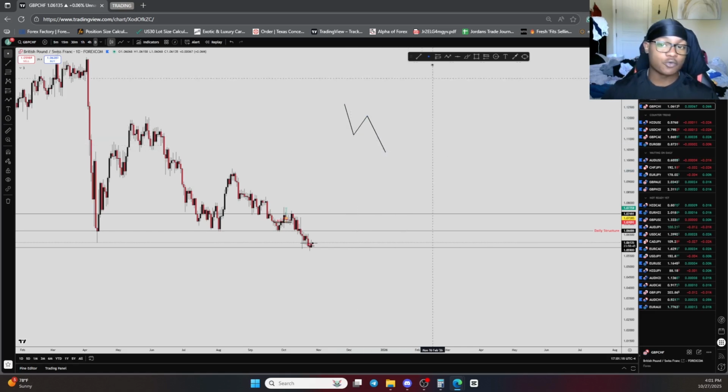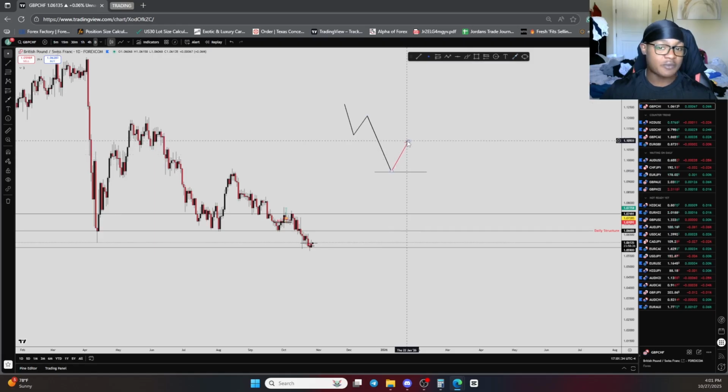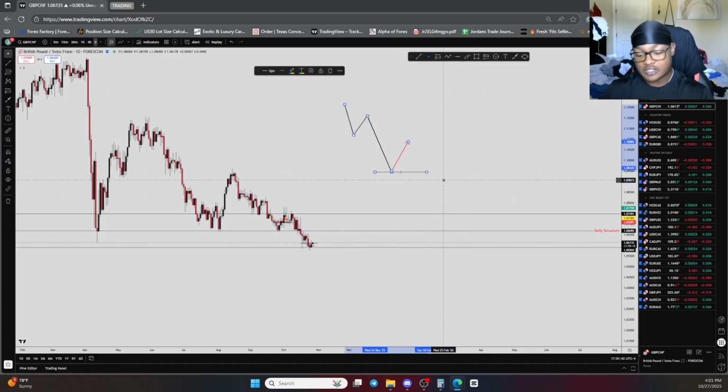We don't have a pullback, so if I mark this off as being a lower low without actually seeing price pull back in the other direction, price can easily have some type of continuation towards the downside, and then I have to move this around, and then price starts to form the pullback. Once we can see a pullback in the opposite direction, we can mark this off as being a lower low. Until then, it's not a lower low. So right now we have a potential lower low.